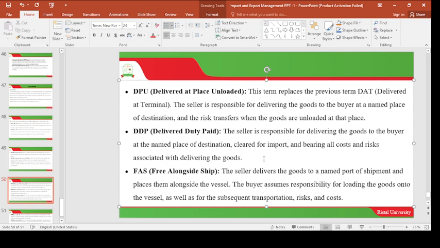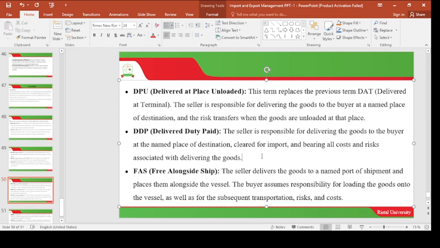So we have another one, that is FAS, free alongside ship. It means that the seller delivers the goods to a named port of shipment and places them alongside the vessel. The buyer assumes responsibility for loading the goods onto the vessel as well as for the subsequent transportation risk. So at this point, the seller just delivers the goods to a named port of shipment and places the goods just there.